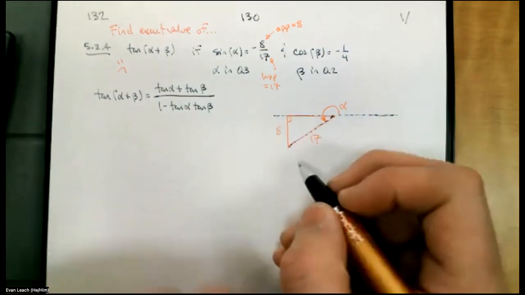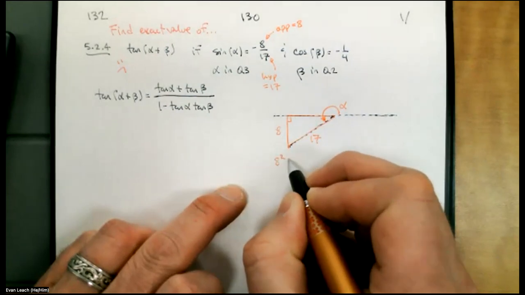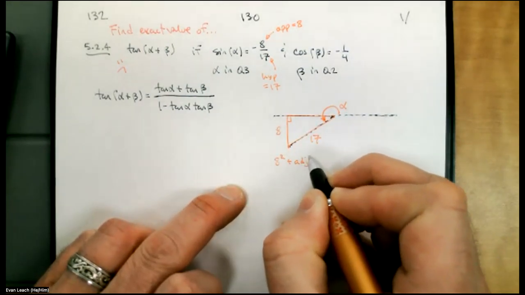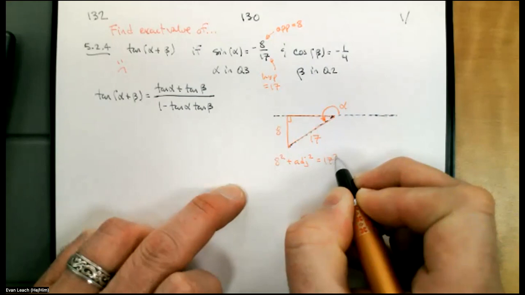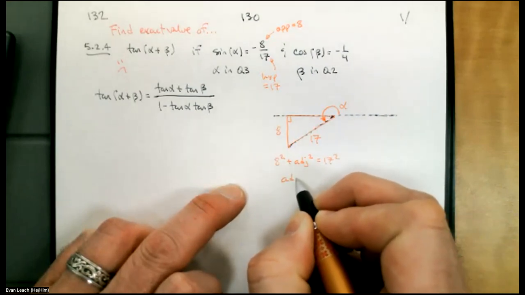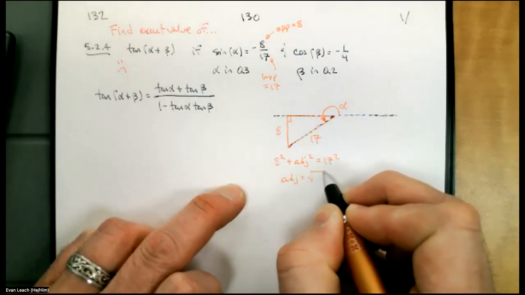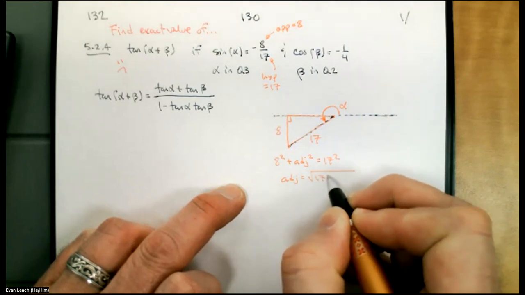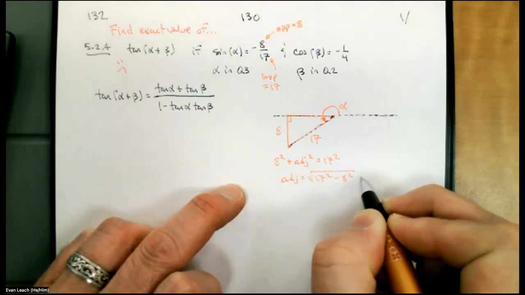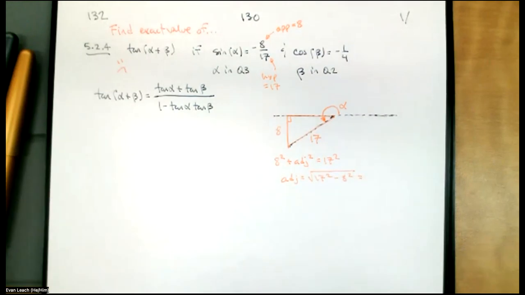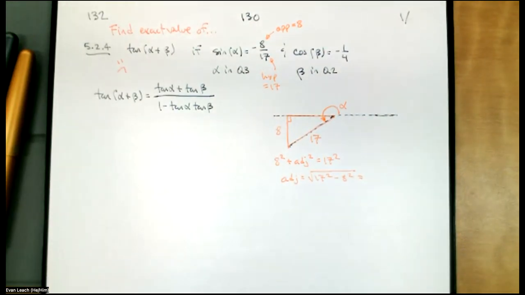So to figure out the adjacent side, I'll go 8 squared plus adjacent squared is 17 squared. So the adjacent side is the square root of 17 squared minus 8 squared. Let me get my calculator out.